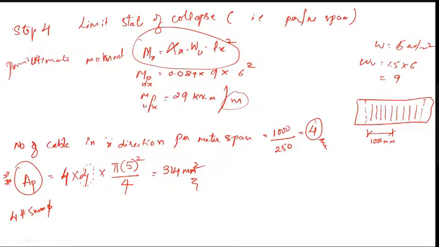Then what we should do, we should go for the reinforcement ratio. How will we find the reinforcement ratio? Reinforcement ratio is given by Ap into fpu divided by b into d into fck, correct?